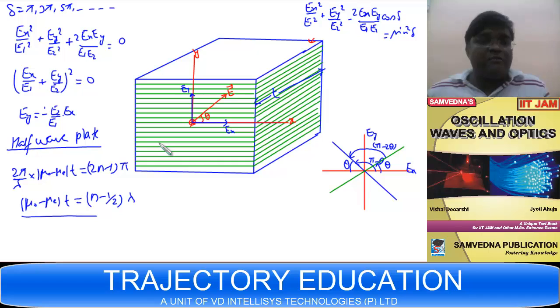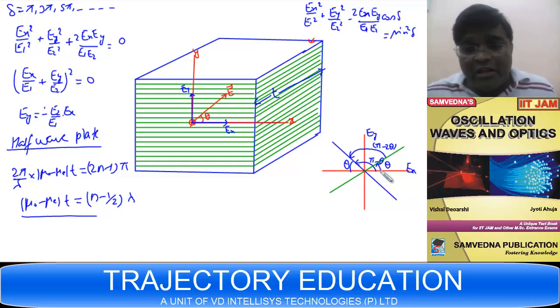It means the action of a half wave plate on plane polarized light is that when a plane polarized light falls on the half wave plate, it will immediately undergo double refraction. Double refraction will give rise to E wave and O wave. These two waves will travel through the whole crystal and develop a phase difference, and after they come out they will superimpose and give you again a plane polarized light, but the field vibrations are making an angle of pi minus theta with the principal section.